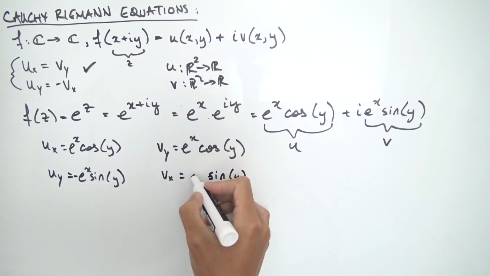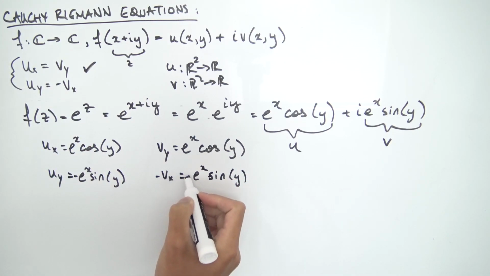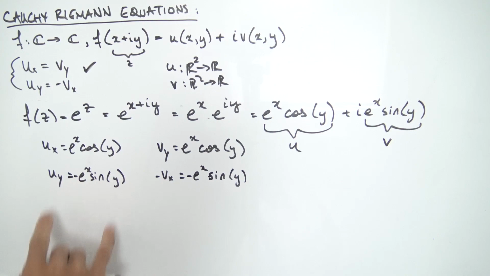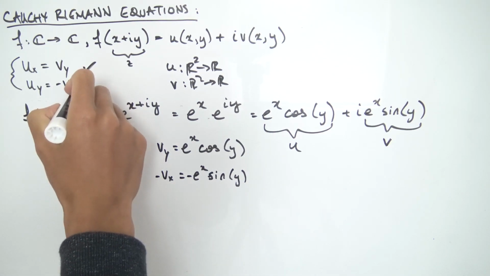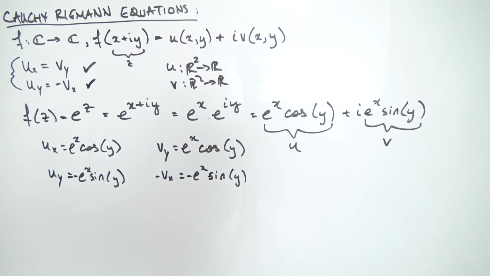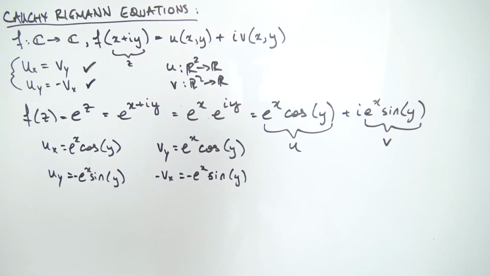The derivative of e to the x is e to the x, and here we want negative, so let's put negatives everywhere. And notice that u sub y is exactly the same as negative v sub x, so the second condition is met. That means that no matter which x and which y we choose, so no matter which complex number we choose, our function e to the z is always differentiable, and we call those functions entire functions.